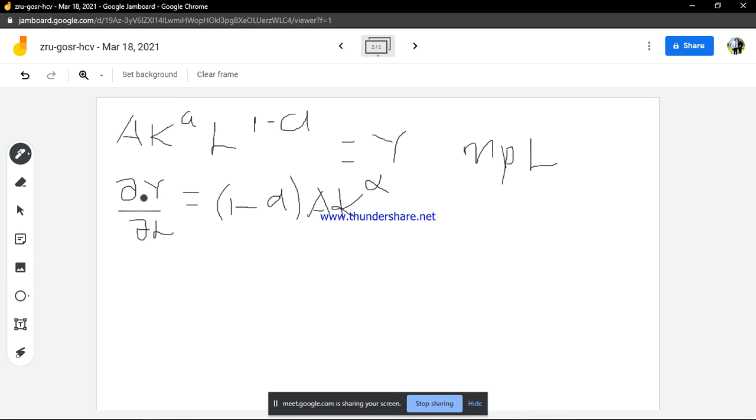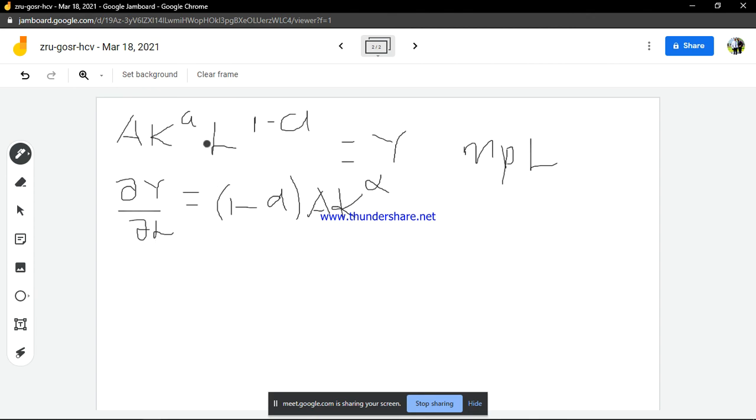We are not differentiating with respect to capital. Capital is going to be held constant in this case. That is why we've left the alpha and capital the way they are, because we're not differentiating with respect to technology, which is A, or capital. So we're going to leave them the way they are.